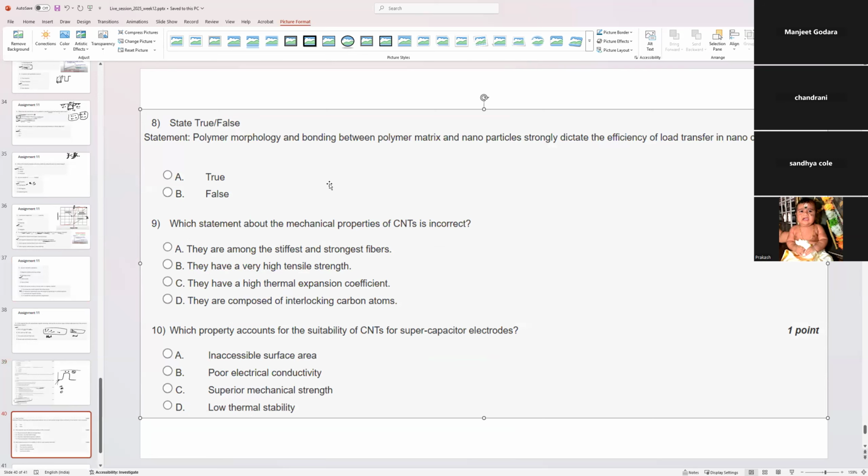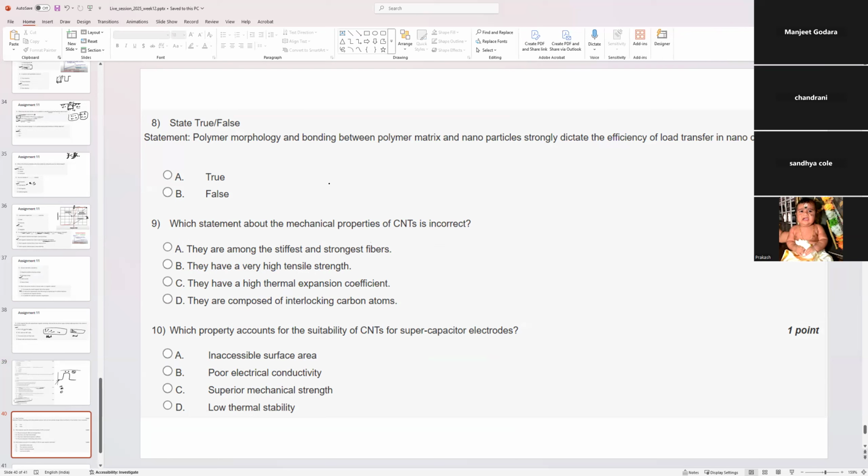Polymer morphology, bonding between the polymer matrix and particles. Practice questions. CMT is incorrect.